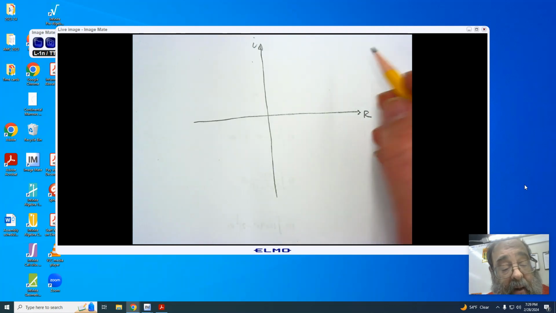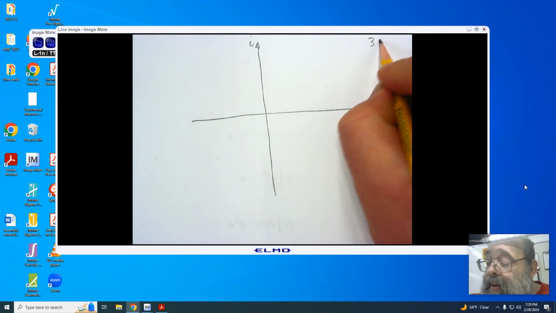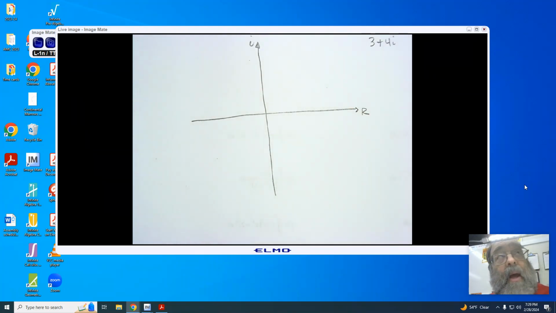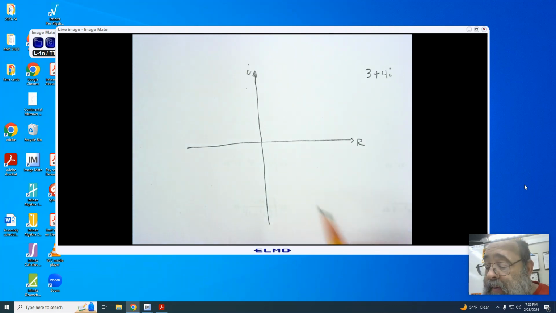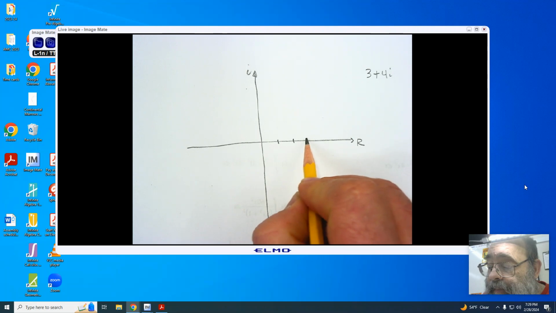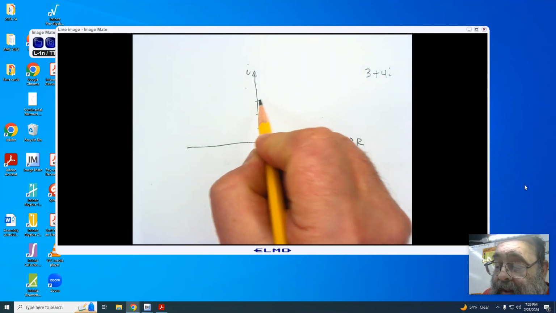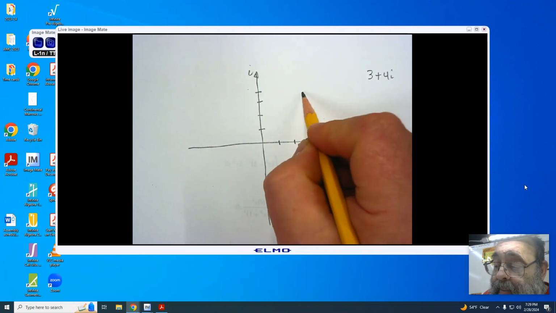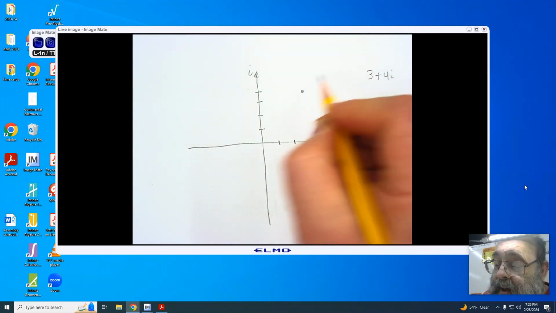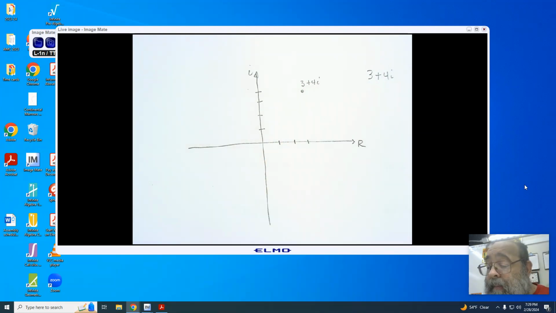And we've seen that we can plot points such as 3 plus 4i. We can plot that on the graph by locating 3 along the real axis and then going up 4 along the imaginary axis. And locating that point is very easy, and we label it as 3 plus 4i.